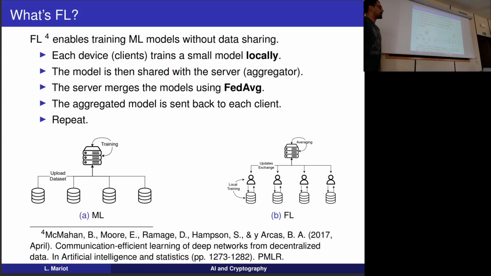So without sharing any information with the others. Then what this client will share won't be the data that is used to train this local model, but the model itself, so the weights of the neural network, for example. And after this, the model is shared with the central server.